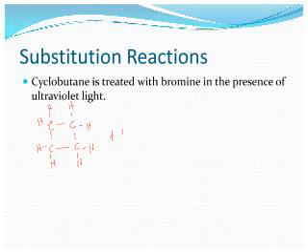And we're going to react it with bromine in the presence of ultraviolet light. How could I show that? UV. All right, I could write h nu over the arrow. Or you could write light over the arrow if you wanted to indicate that.